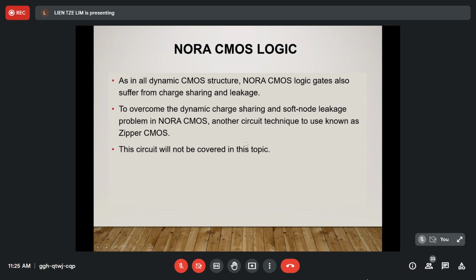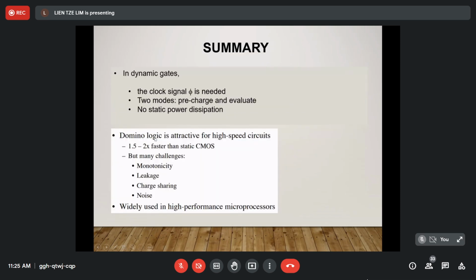So this slide stated some of the issues that arise in NORA CMOS logic: the charge sharing and leakage. This problem can be solved with another circuit technique, which is zipper CMOS. So this will be the end of the topic.